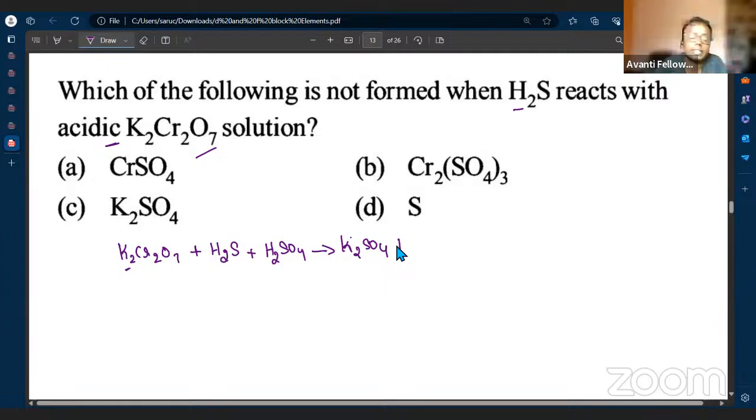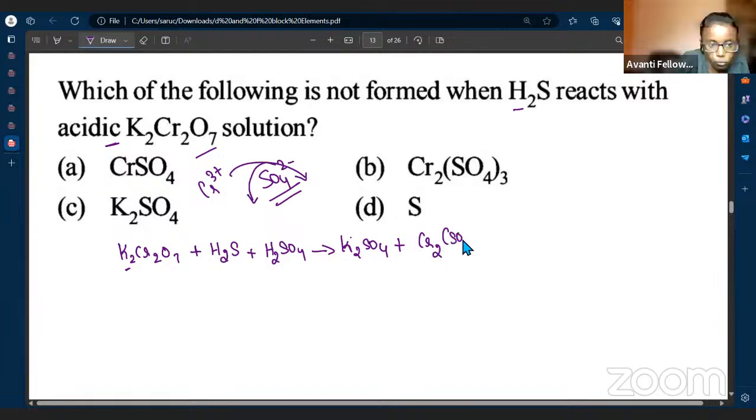And chromium can also take sulfate to form a sulfate. You know the oxidation state of sulfate is SO4 2-. The oxidation state of chromium in acidic medium is Cr3+. So when you combine these two, just cross multiply: Cr2(SO4)3. So option D is formed, option A is formed.